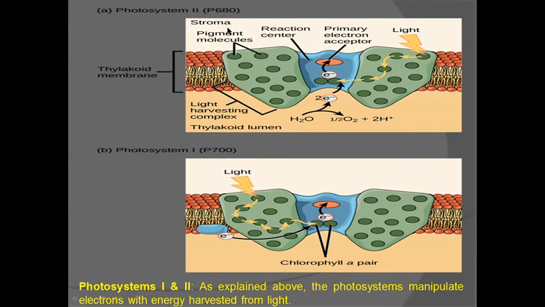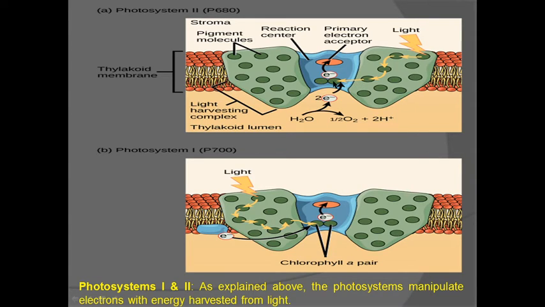What happens during Photosystem II? The antenna complex absorbs 680 nanometer of light. The absorbed light is transferred towards the core complex, and this core complex decides one chlorophyll molecule to hand over this absorbed radiant energy or solar energy to one of the two electrons present in the outer orbit of each chlorophyll molecule.